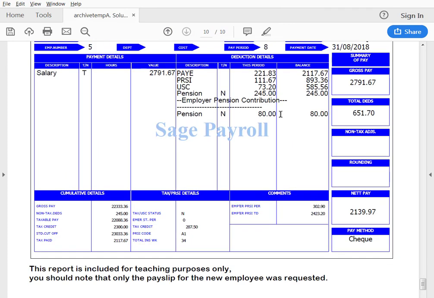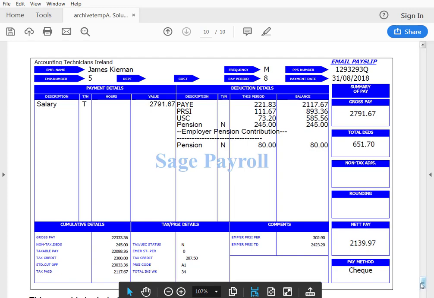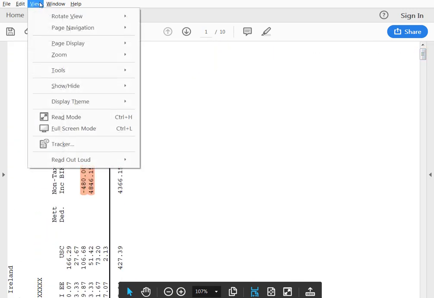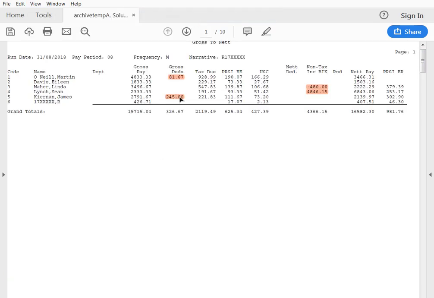Okay, so there's the employer's pension there on James Kiernan's payslip. Okay, so I've made a note of that. That doesn't show up, as we've just seen, on my gross to net, so I've got to make a note of that myself. Okay, so there's the pension contribution, then I've got the 480 of benefit in kind, and I've got my redundancy.